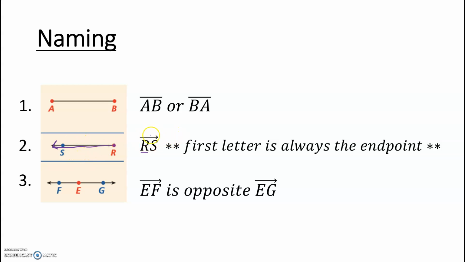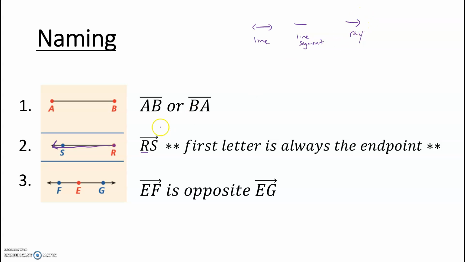Also, the symbol for ray will always head this direction. Just because the ray in the picture is heading to the left does not mean that my symbol changes. This is just a symbol. So all this stands for is the word ray. This stands for the word line. This stands for line segment. And this stands for ray. Okay, so it's just a symbol.